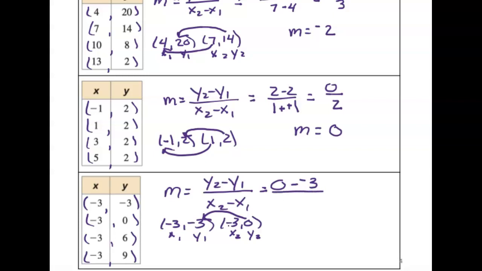Then I'm going to go back to my x. I have negative 3, and I need to subtract the first x, which was negative 3. So negative 3 minus negative 3. We have to be careful here. We have a lot of minus and negative. Remember, minus a negative is plus a positive. So I now have 0 plus 3. 0 plus 3 is 3.